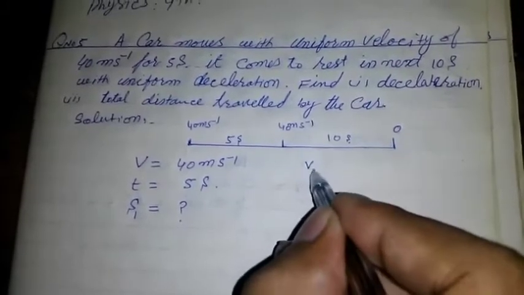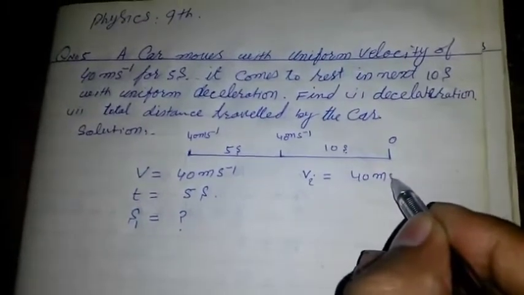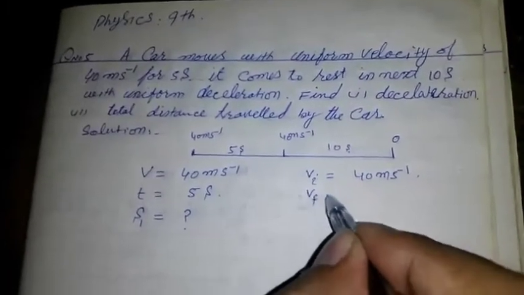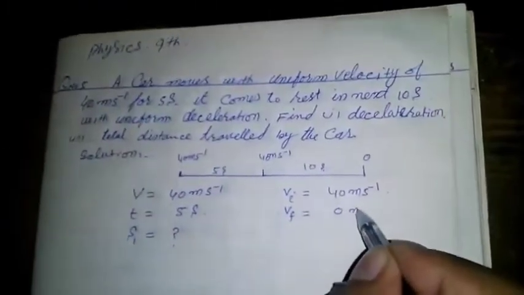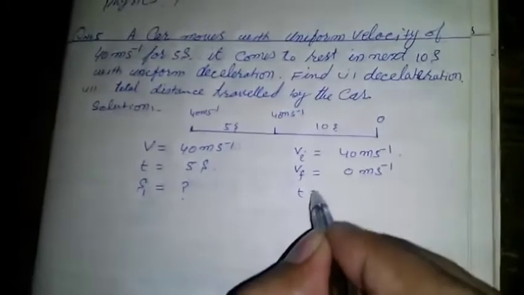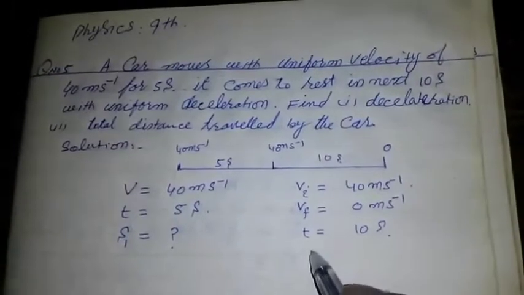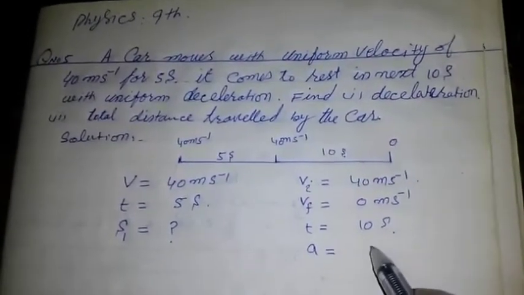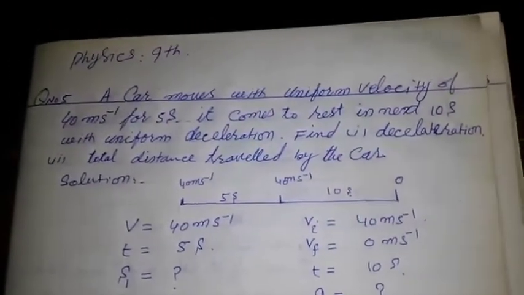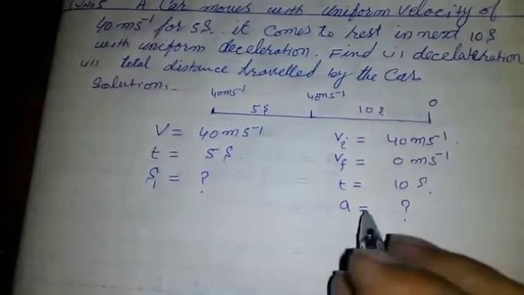So Vi is equal to 40 meter per second, while Vf is equal to 0 meter per second, and time is equal to 10 seconds, and we have to find the acceleration. Then the distance covered in this part of the motion, say it as S2.